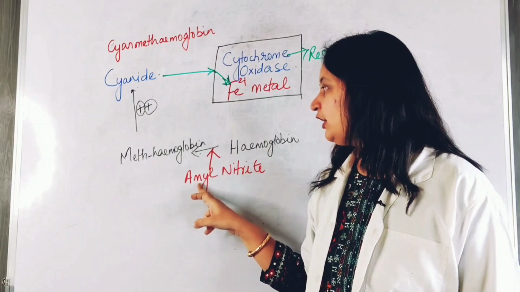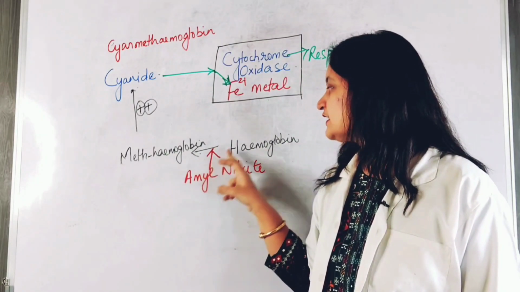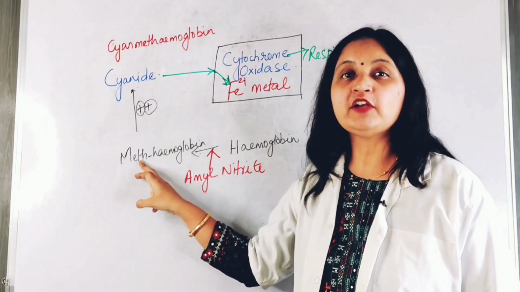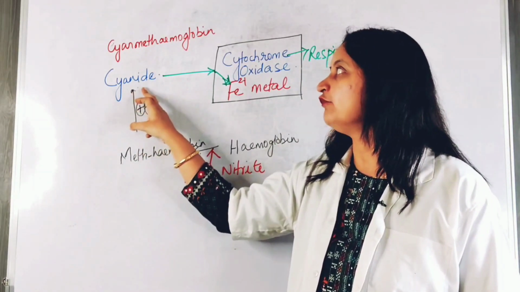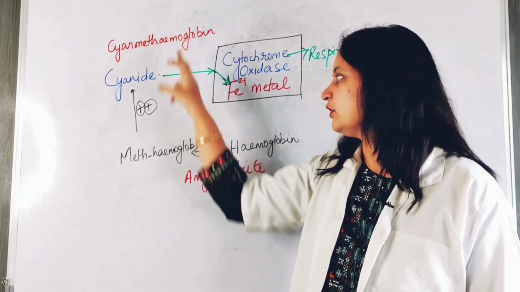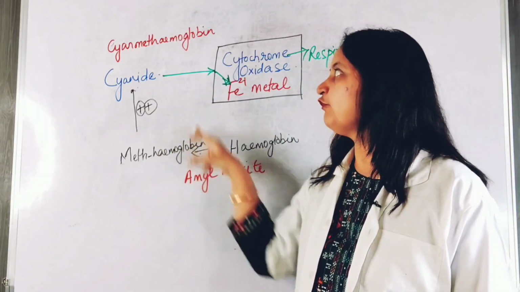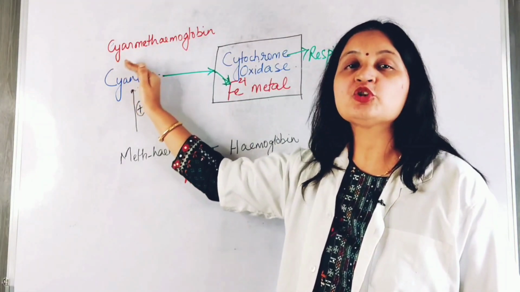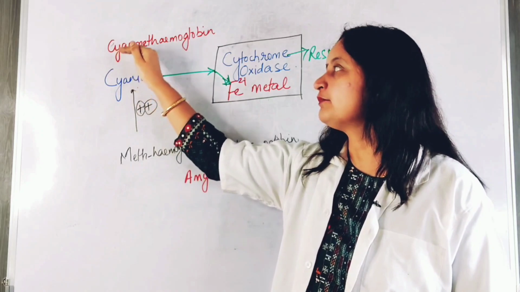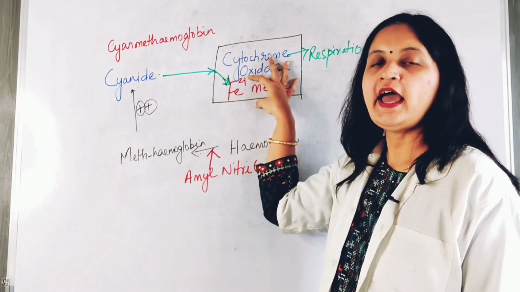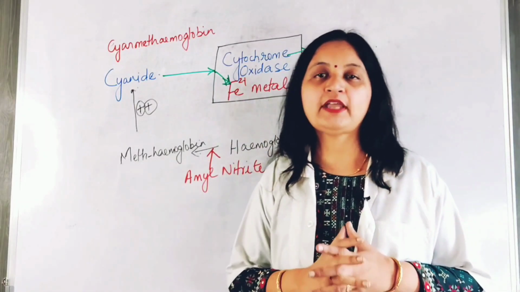Now amyl nitrite when administered converts hemoglobin to methemoglobin which has high affinity for cyanides and forms cyanmethemoglobin as a byproduct. So amyl nitrite forms cyanmethemoglobin, and since the cyanide is used up for forming this byproduct, the cytochrome oxidase is spared and respiration is protected.